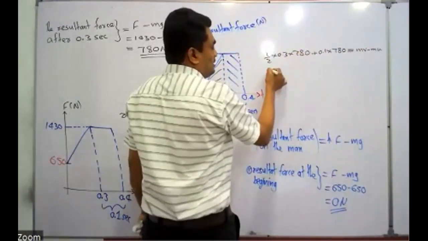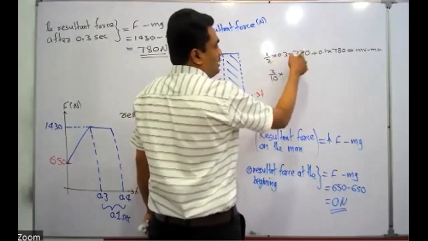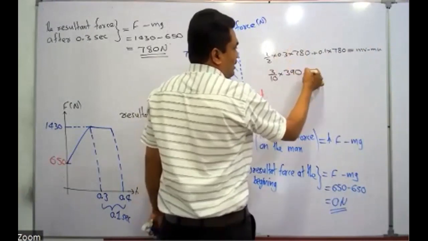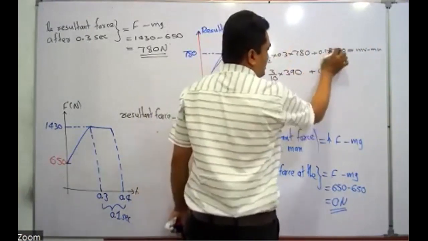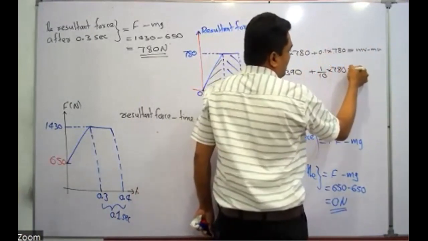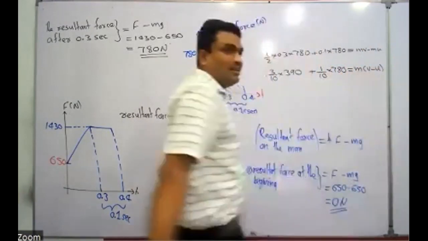So 0.3 can be written as 3 over 10, times 780 divided by 2. And 0.1 can be written as 1 over 10 into 780. M can be taken out, remaining terms v minus u.